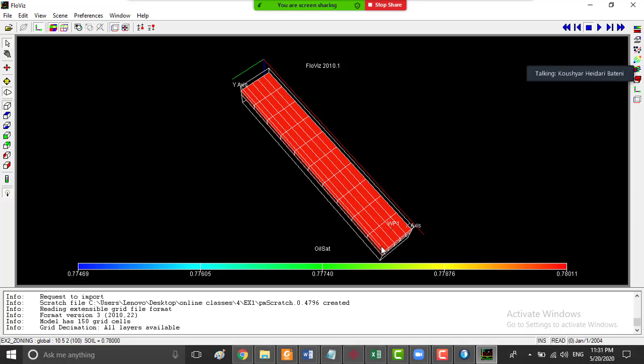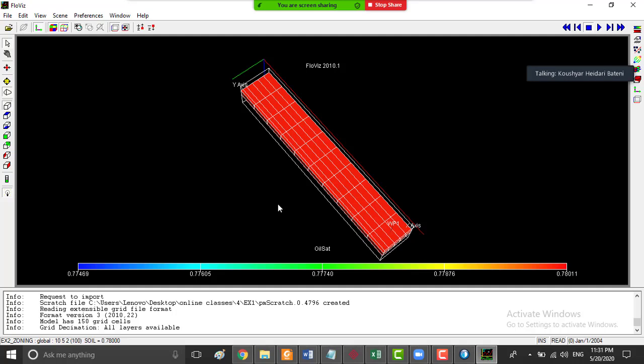When I can't increase the y coordinate also, I increase the z coordinate. Okay. Very good. This is the main piece of knowledge that you need to have in order to do the zoning.